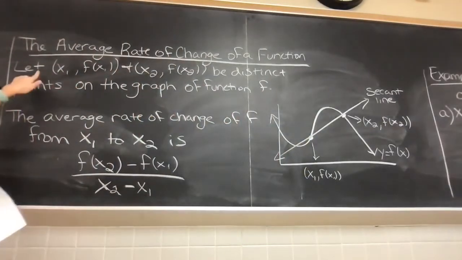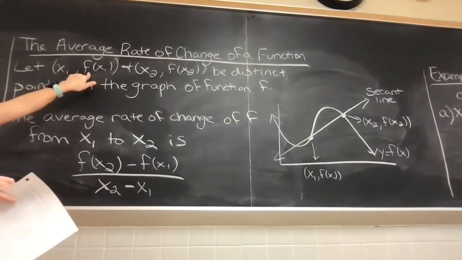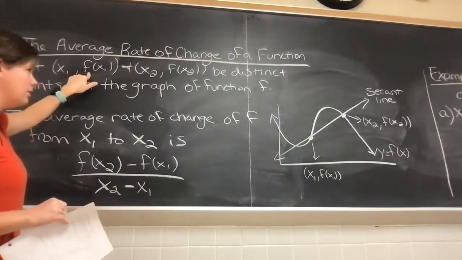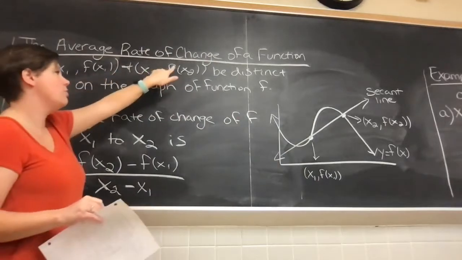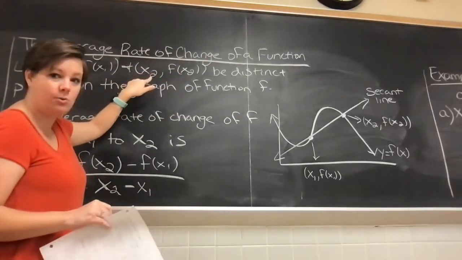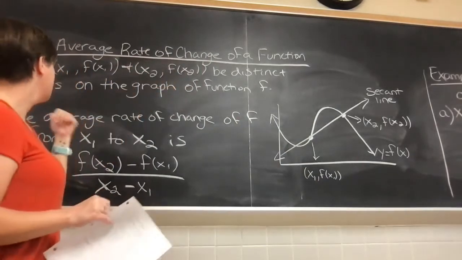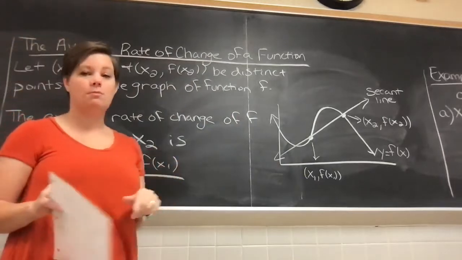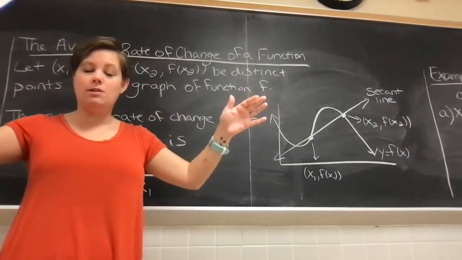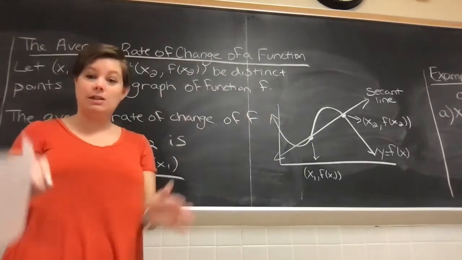So it says, let x1, f of x1, so this is x1, y1, and x2, f of x2, which is x2, y2, be distinct points on the graph of a function. So we have 2 different points on a function. They're not the same point.